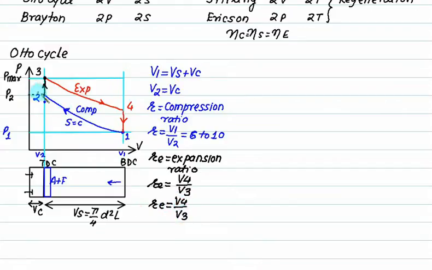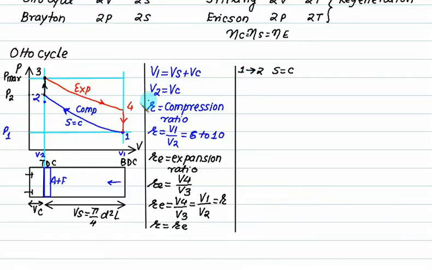But if you observe the PV diagram, V4 is the same as V1, and V3 is the same as V2. So this is the same as R. So there is actually only one ratio, called the compression ratio or expansion ratio, and both are equal to R.